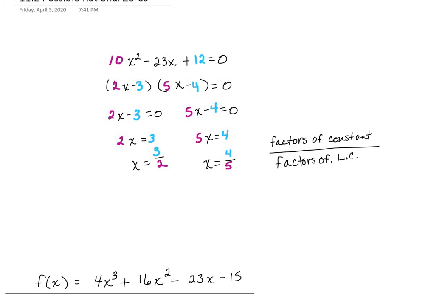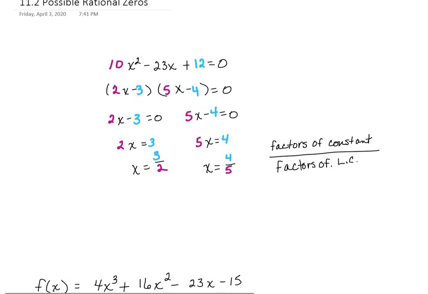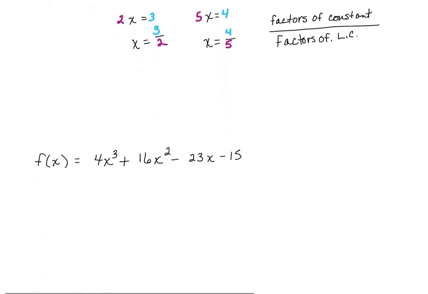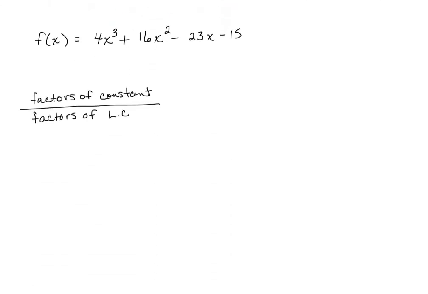I know that the numerator are factors of the constant, and I know that the denominators are factors of my leading coefficient. Okay, so let's look at factors of my constant, which is this 15. What numbers can go into 15? Well, 1, 3, 5, and 15. And also -1, -3, -5, -15.